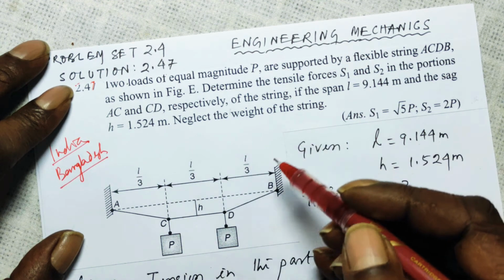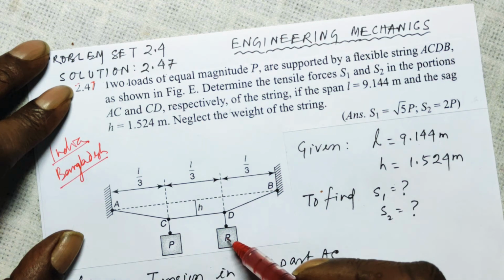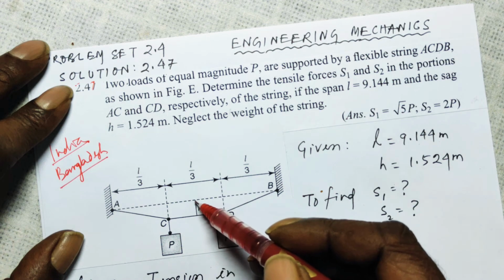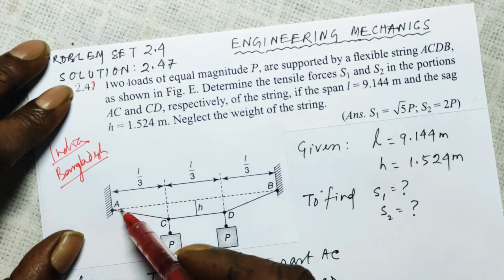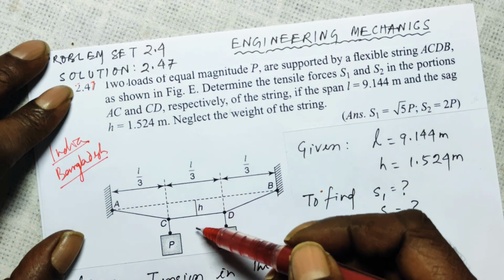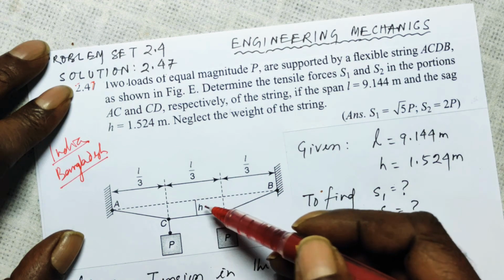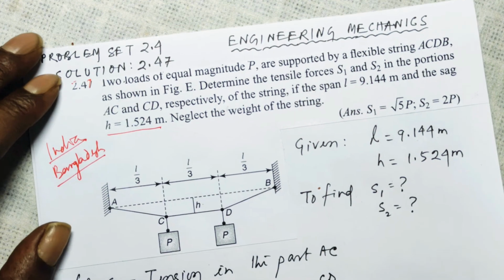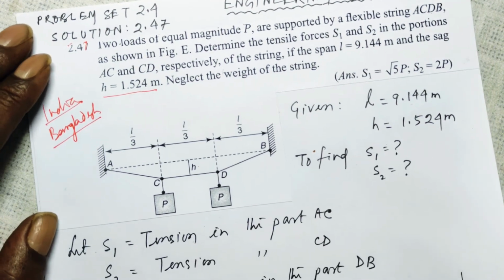Neglect the weight of the string. When these two weights are hanging, the string is pulled down, and the amount by which it has come down from the horizontal position, from here to here, is H, and H is given as 1.524 meter.